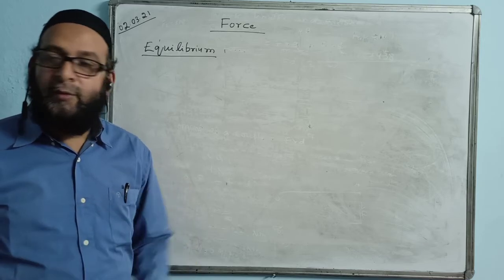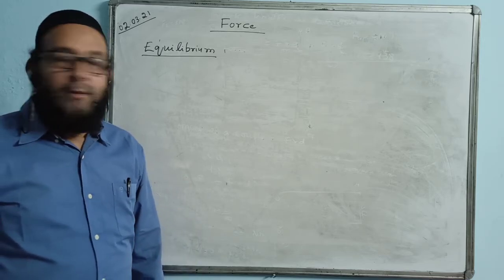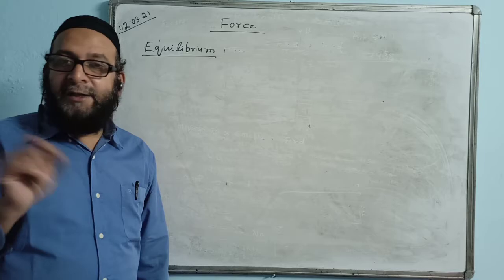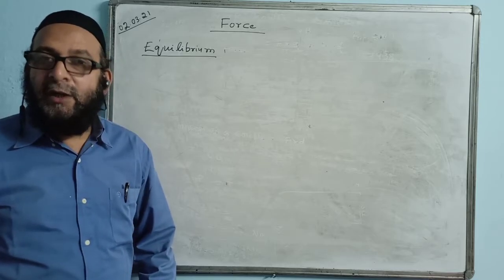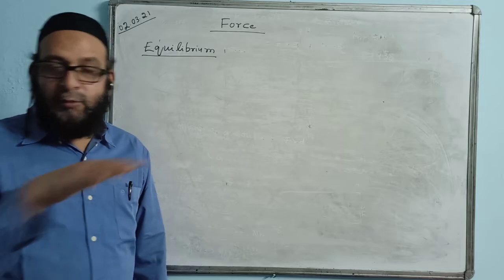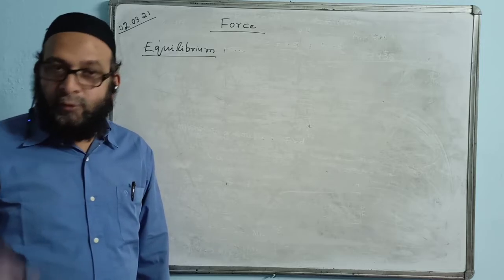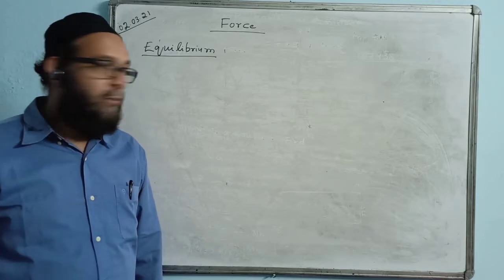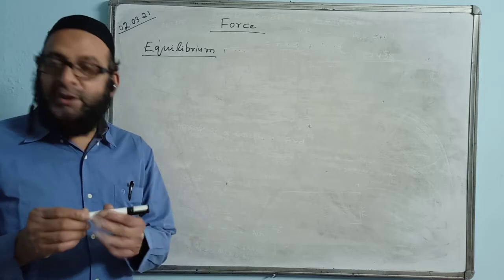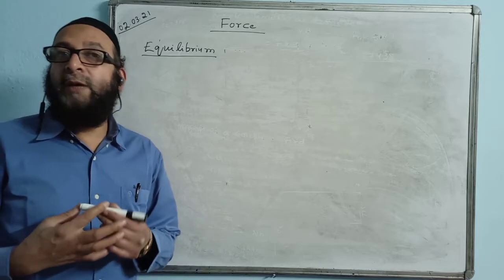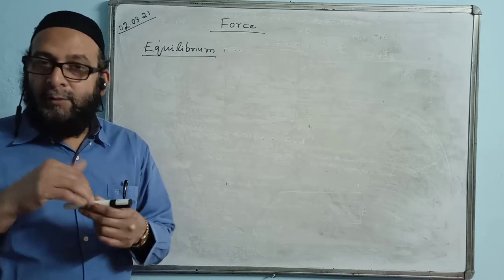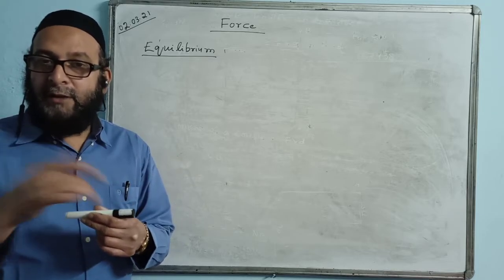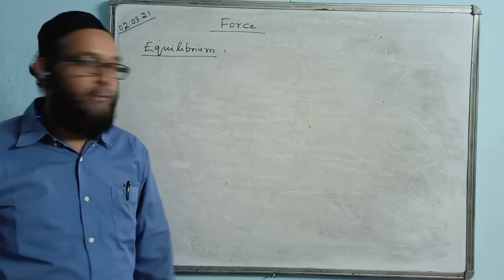The body will not move. That is, if the total force acting on the body is zero, then the body will be in translational equilibrium. Translational means straight line motion will not take place. When two forces are applied, they must be equal in value and opposite in direction on the body to keep it at rest or in equilibrium.